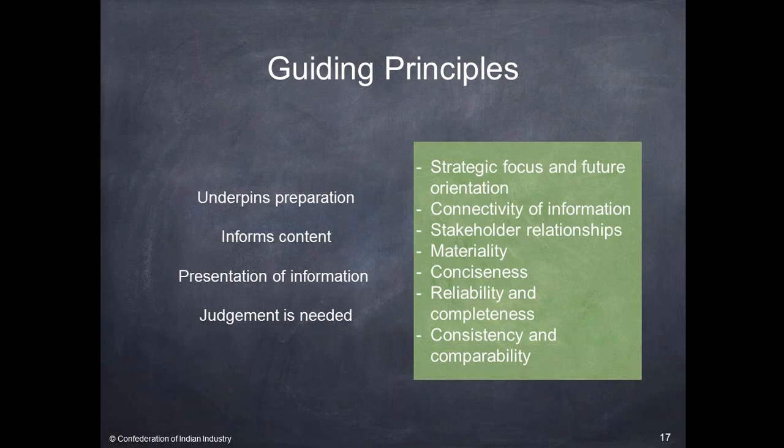A report should be concise, reliable, consistent, and comparable. Very straightforward concept: you have to present something that can be compared year on year with your own company as well as peers. You have to present something that's reliable and complete. And by that, both positive and negative impact should be shared to give a full story.